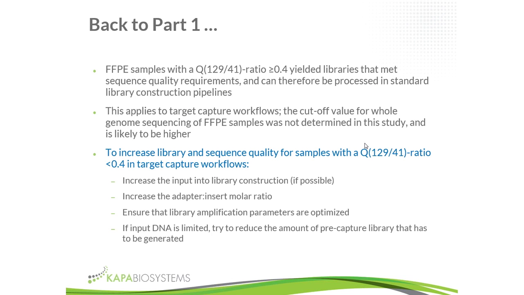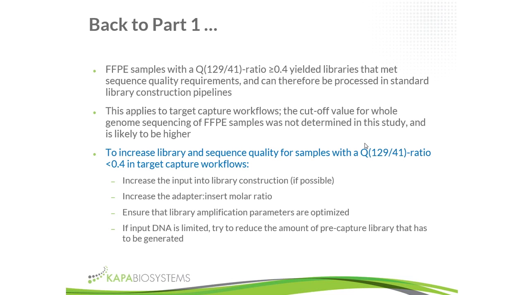So after this, we wanted to return to what we've achieved in part one. So in part one of the seminar, we said, well, we have the human genomic quantification and QC kit. It's designed to get some QC information about input DNA. And what we found is, instead of having to tailor workflows for different Q ratios, there seems to be a cutoff at around about 0.4, at least for target capture workflows.